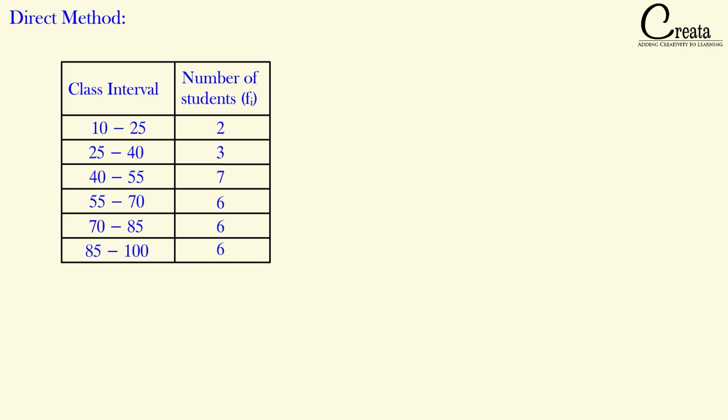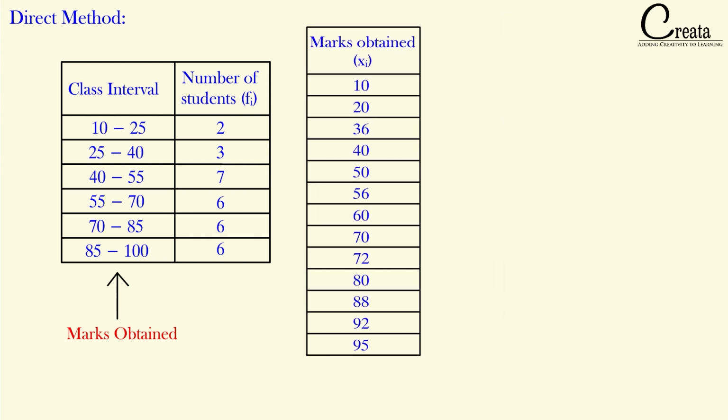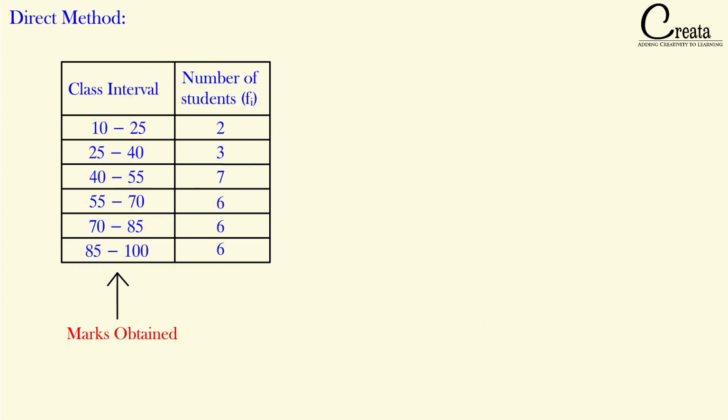Here the marks are in the form of class intervals. We do not have the marks in simple number form, they are in interval form. So our first step is to find the marks that represent each interval. Our next step is to find the marks of each class interval that is representing that class interval.